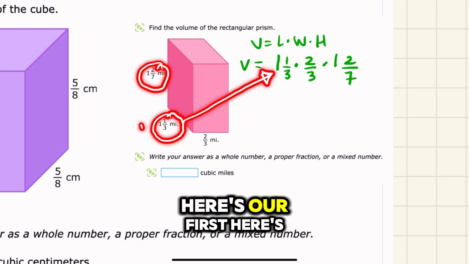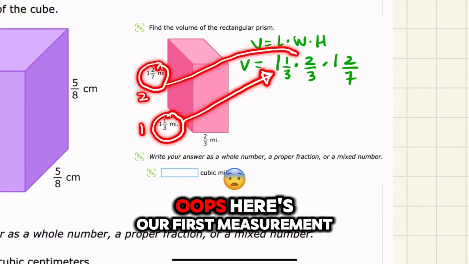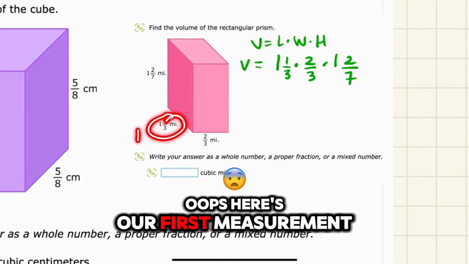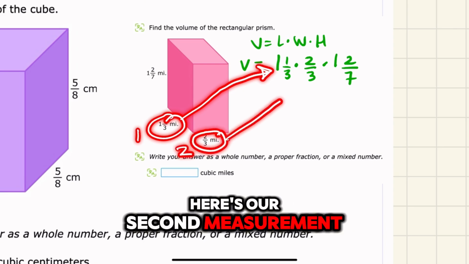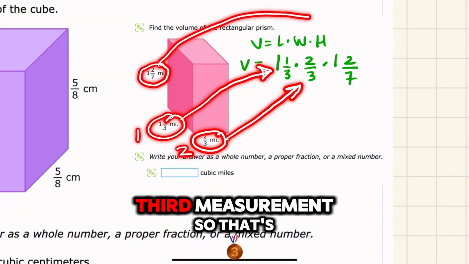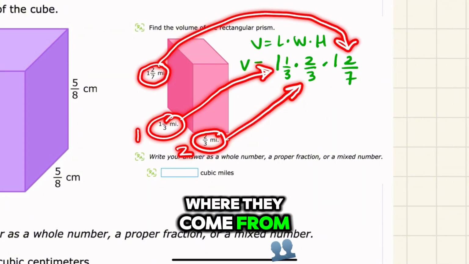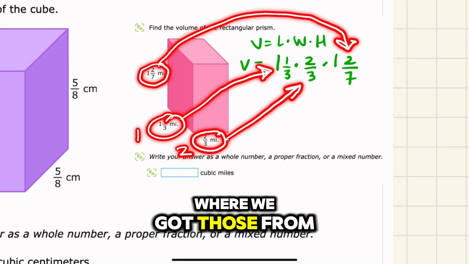Here's our second measurement. And here is our third measurement. So that's where they come from. Just in case you're confused, you can pause and take a look at where we got those from.